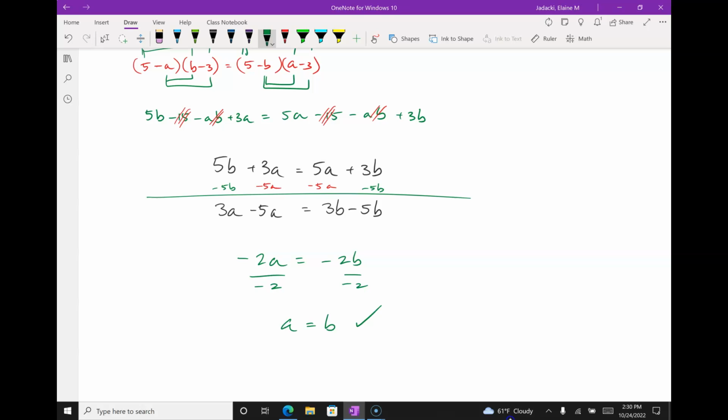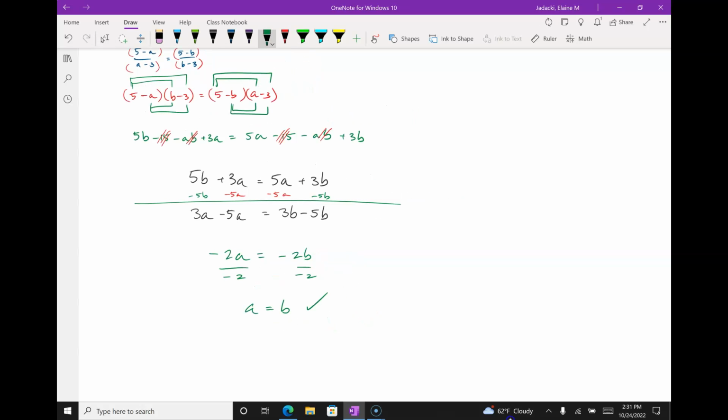Right? Since f of A equals f of B, go ahead.